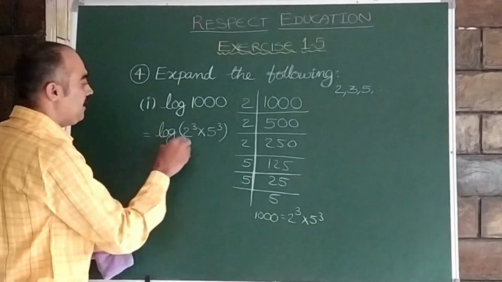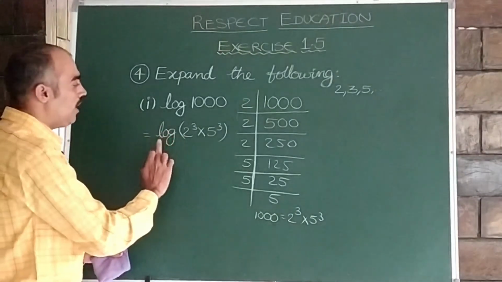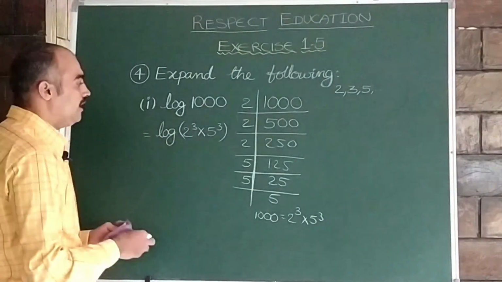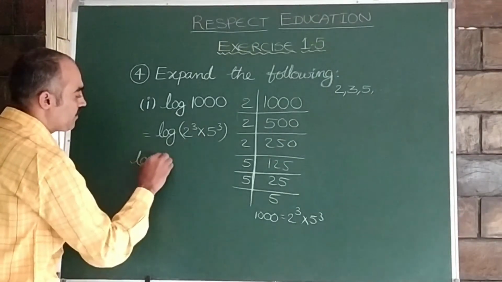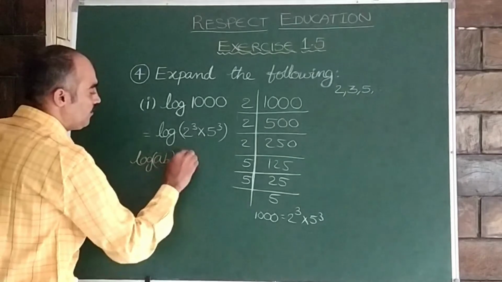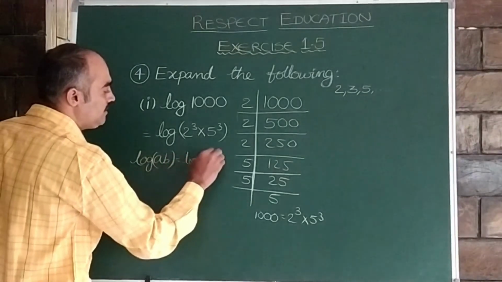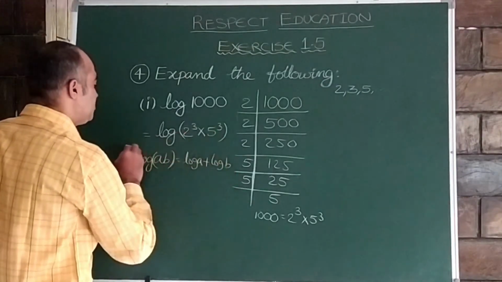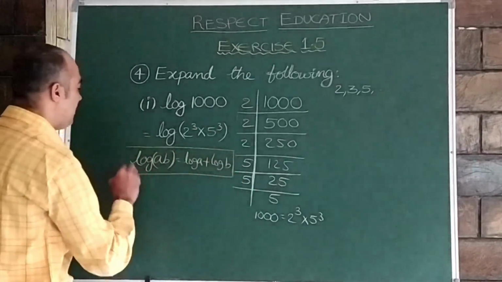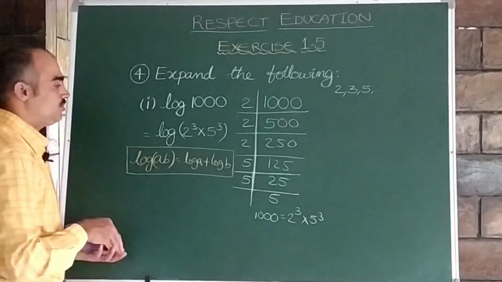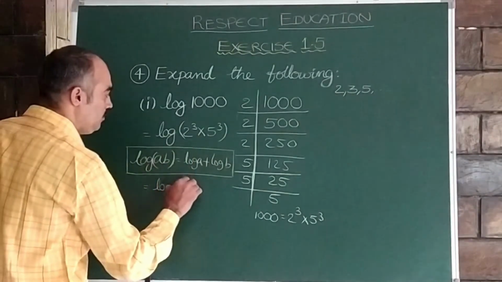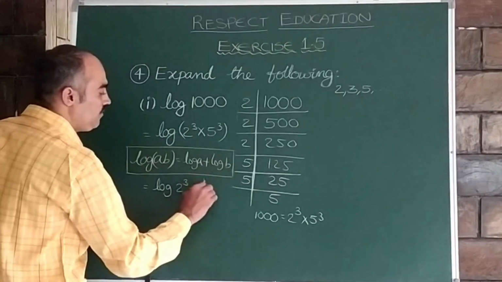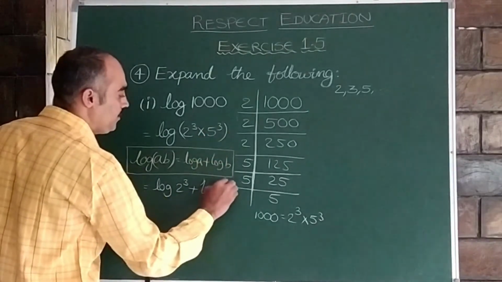Now here already we have discussed a formula, log A into B. Let us write the formula here. Log AB is equal to log A plus log B. So let us apply the formula here. So it becomes log A means 2 cube plus log B means 5 cube.